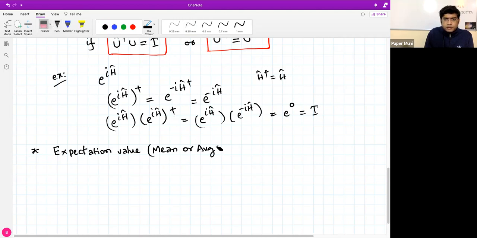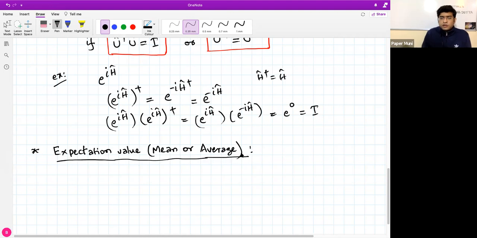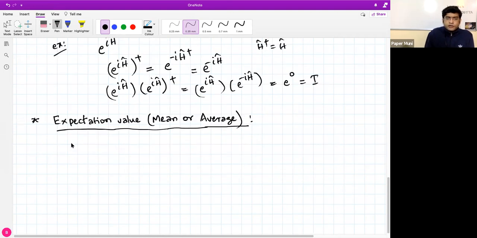In quantum mechanics, it's mentioned as expectation value. This is one of the most important things you'll be asked in a question related to quantum mechanics at your level. So the expectation value is associated with an operator.